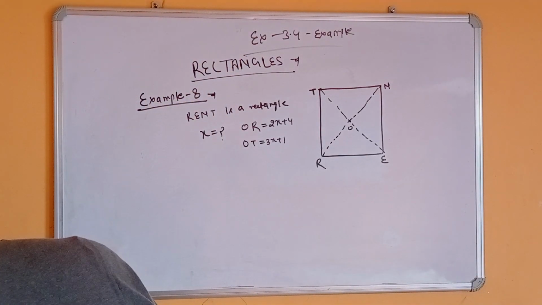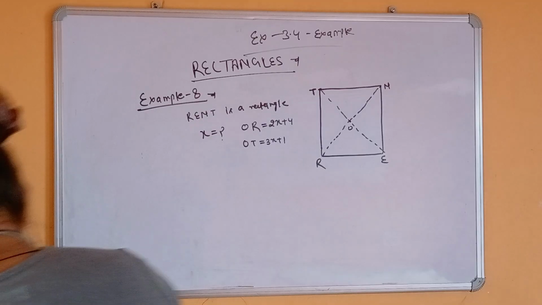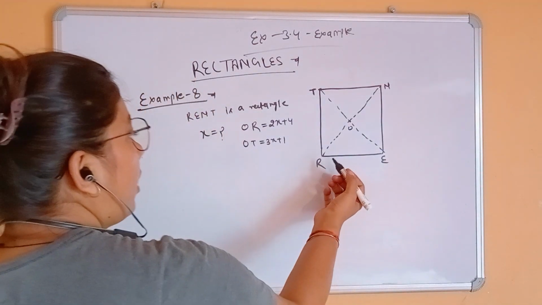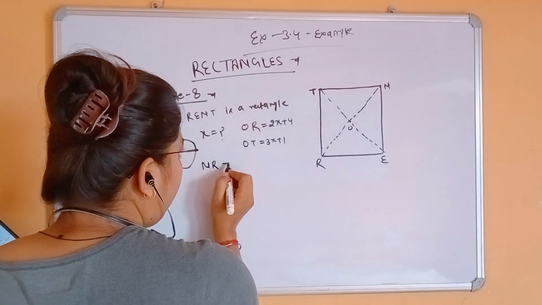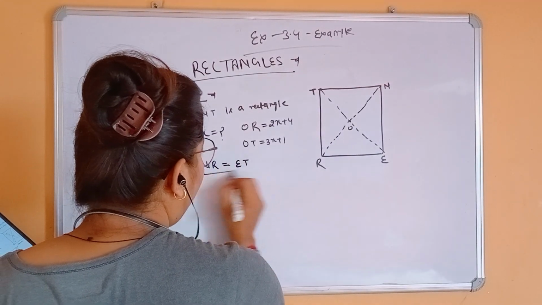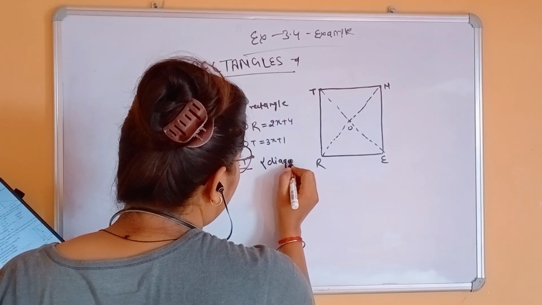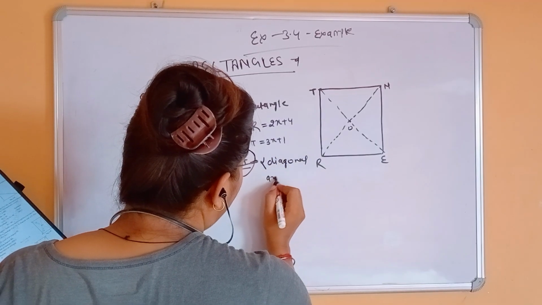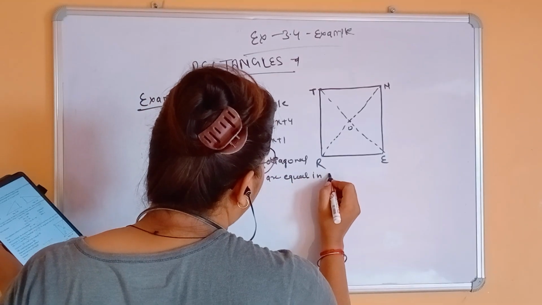So what do we write here? We know in rectangle the diagonals are equal. That means NR is equal to ET. You can write here: diagonals are equal in rectangle.